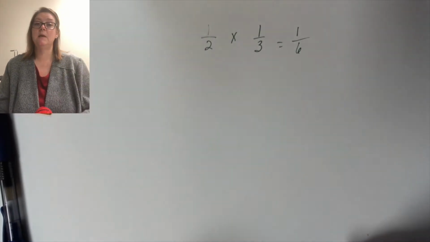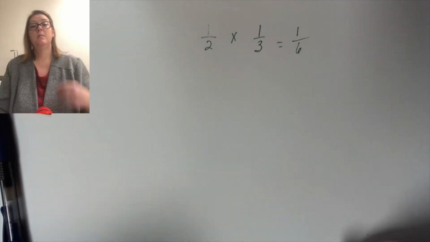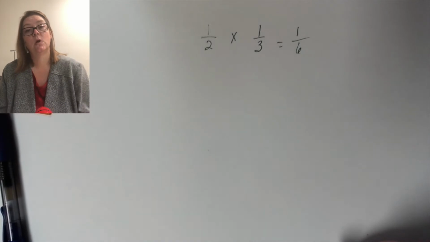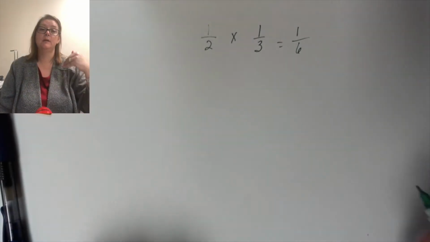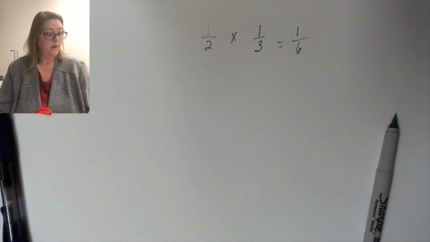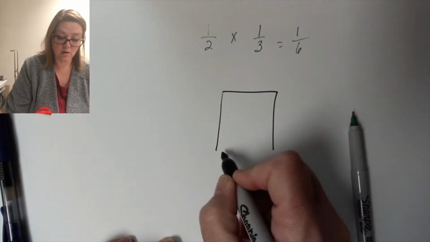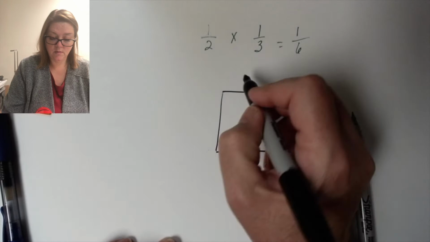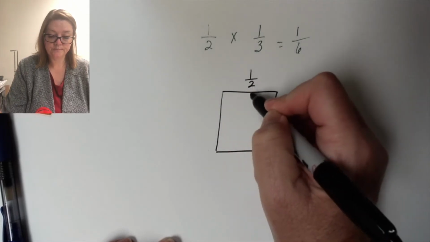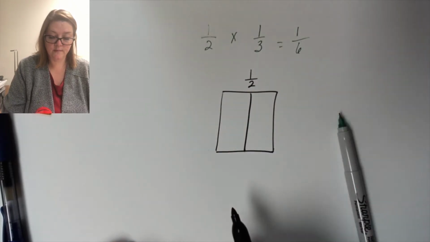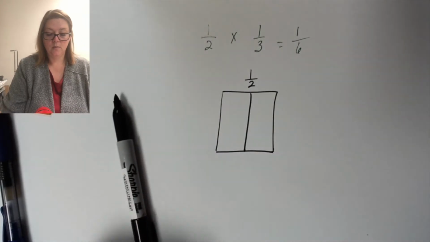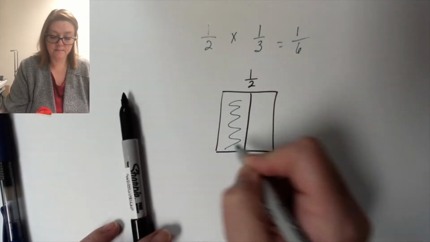Because remember, in the CSA model, we have to have that semiconcrete step, because when our students actually draw this out, it's doing an imprint to their brain. So we want that to happen for our students. So again, I'm just going to draw my rectangle here, 1/2 this way, and I'm going to go ahead and color that in.